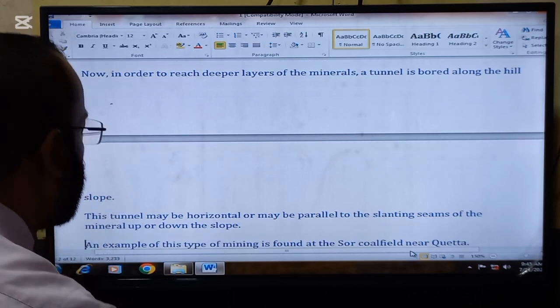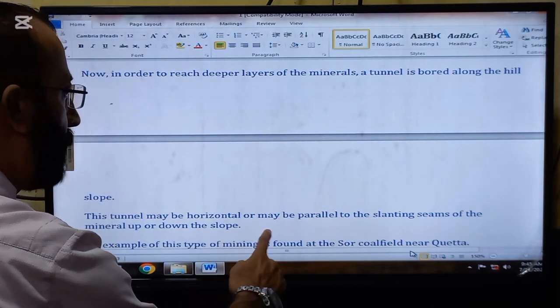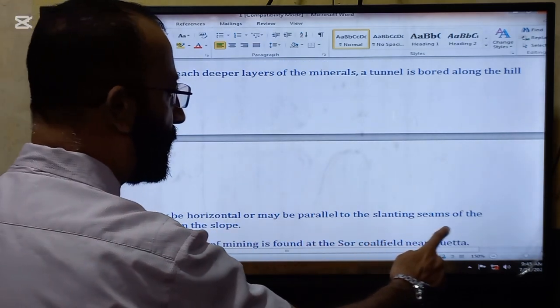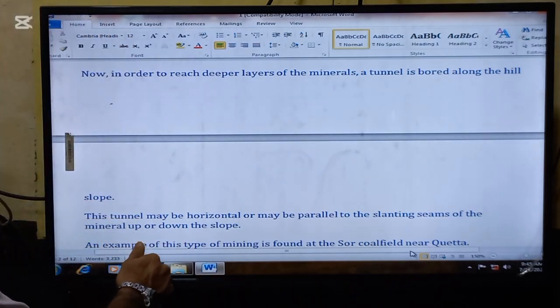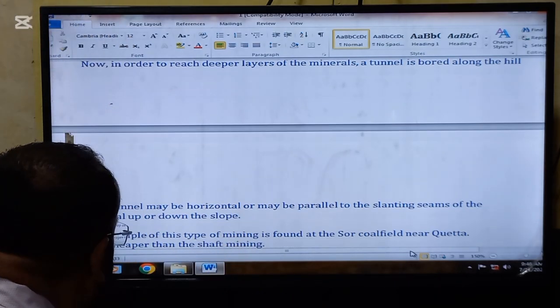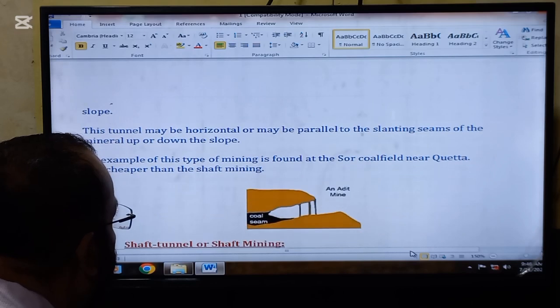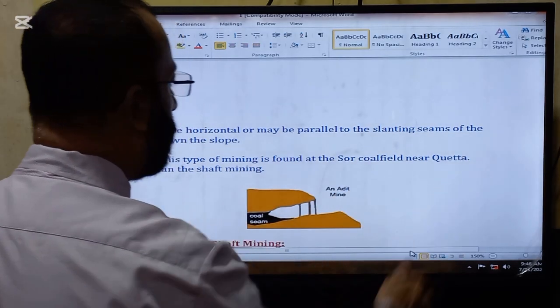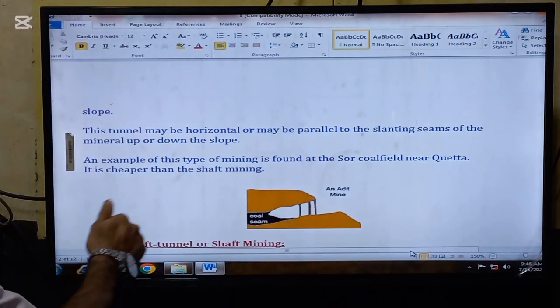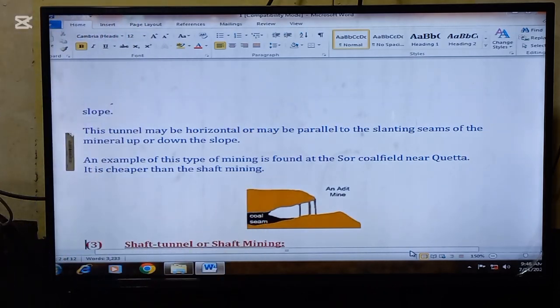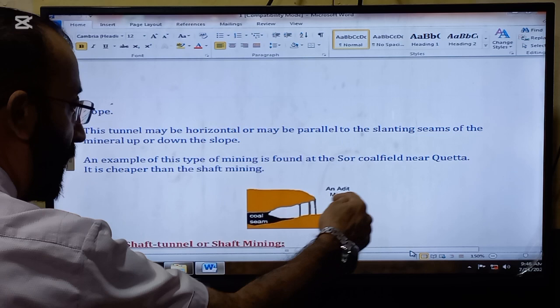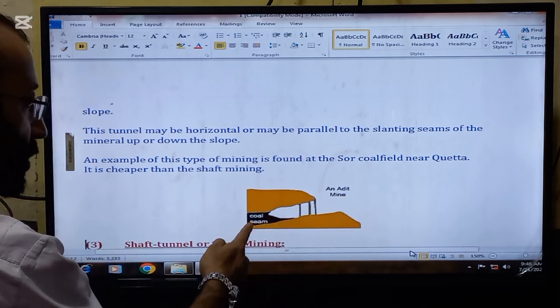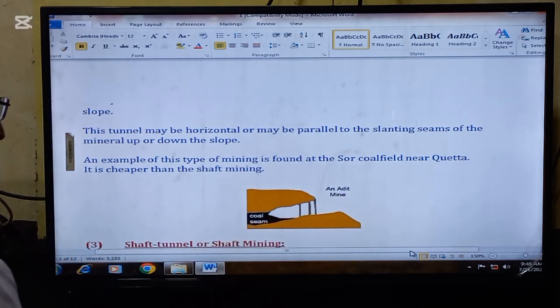This tunnel may be horizontal or may be parallel to the slanting seams of the mineral up or down the slope. An example of this type of mining is found at the Sore coalfield near Quetta. It is cheaper than the shaft mining. So this kind of the drilling is made to reach the deeper layer of the minerals.